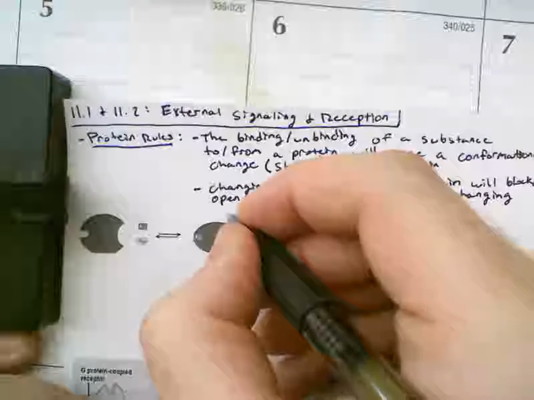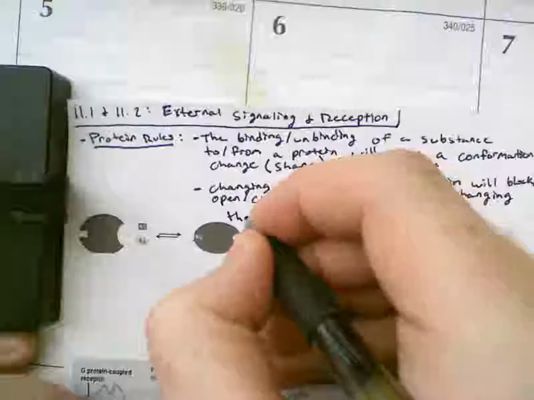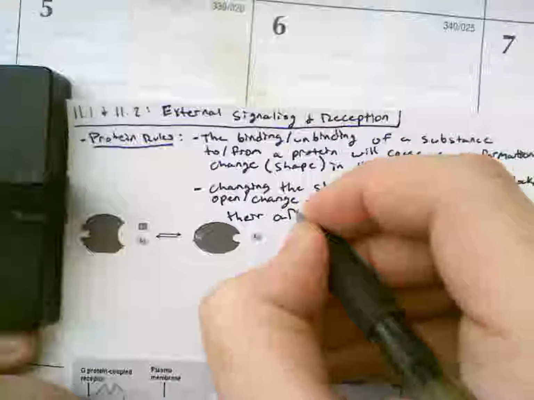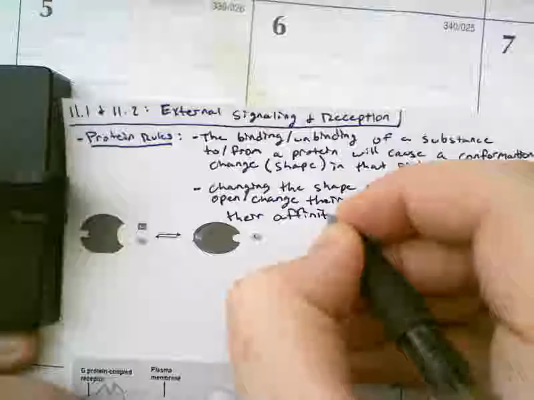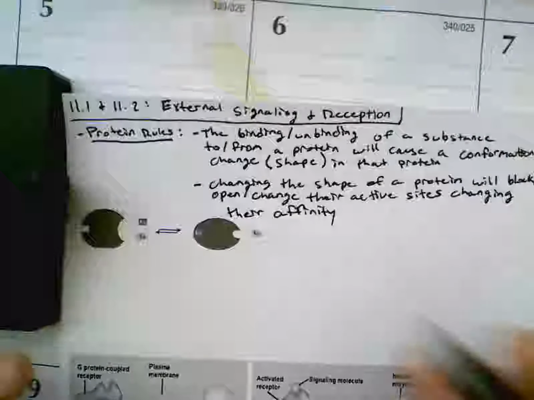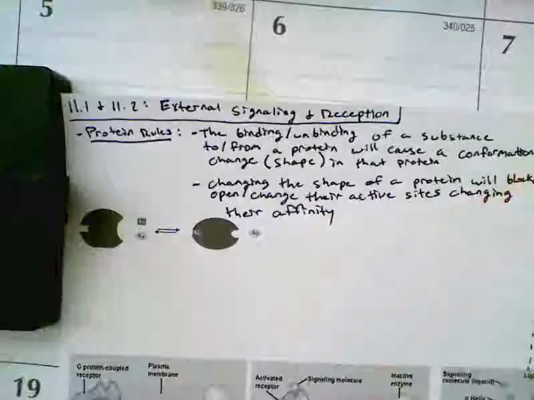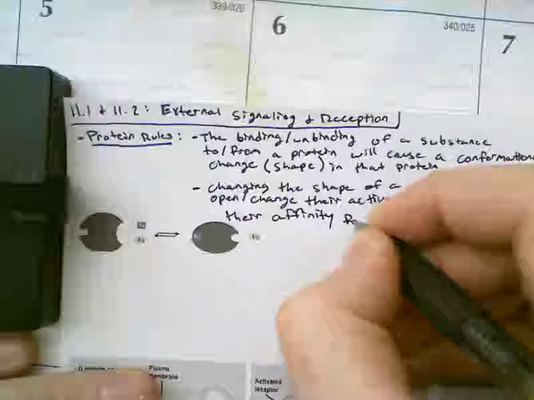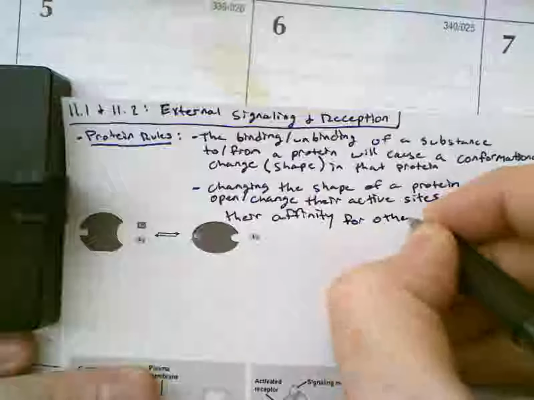Vocab word number 2. Their affinity. What does affinity mean? Not infinity, not like unlimited, but what does affinity mean? Yeah, their preference or their desire to interact with, their affinity for other substances.